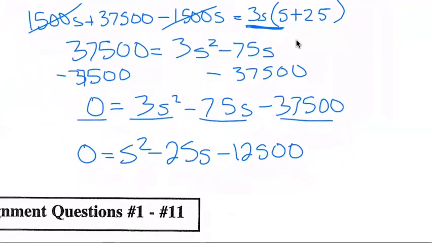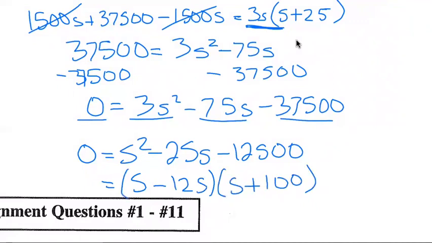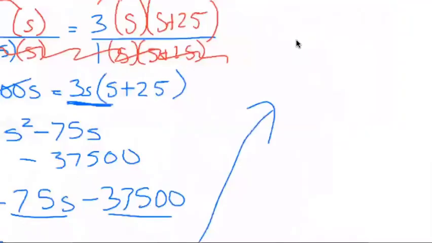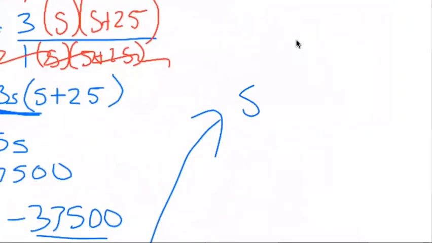Two numbers that multiply to give 12,500 and add together to give 25 are 100 and 125, with the 125 being negative. S minus 125, S plus 100. And then I'm going to solve. S minus 125 is equal to 0.